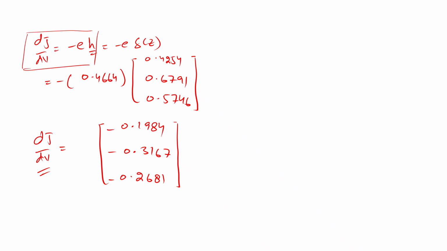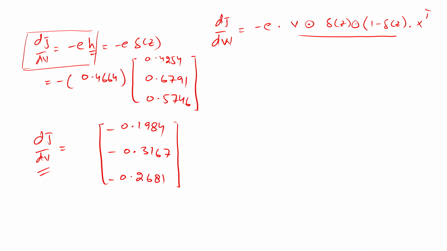The next step is to derive dj by dw. If you have noted down its formula, it was minus e times v times, but this was a special multiplication, if you remember, sigmoid of z, and this was x transpose. For these three, we had to do element wise multiplication.